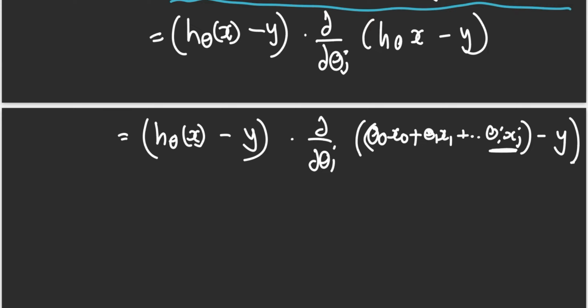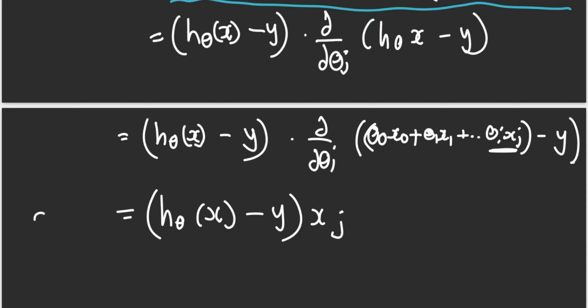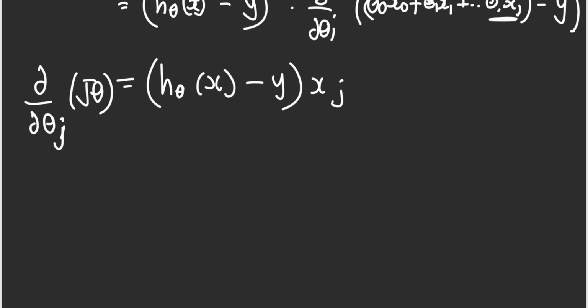So the partial derivative of this whole expression with respect to theta j is just going to be xj. So you're going to have h theta of x minus y, then you're going to have xj, and this becomes the partial derivative with respect to some random theta j for J of theta. This is just specifically for one specific variable. You can do this for millions of parameters or millions of input features.